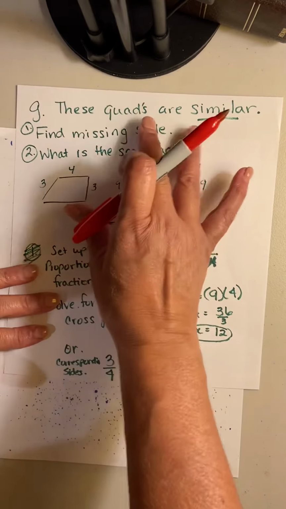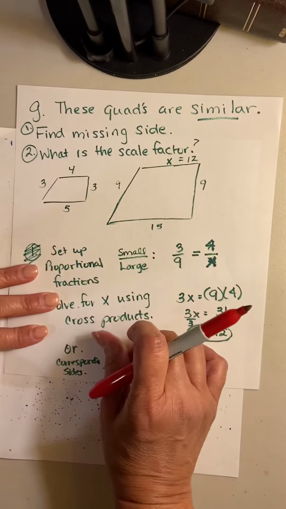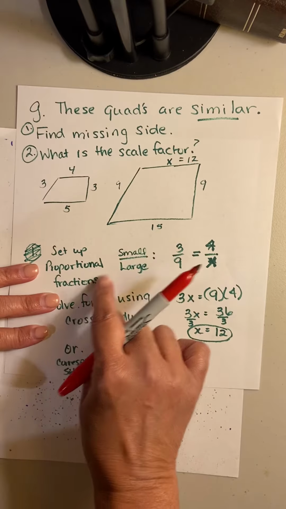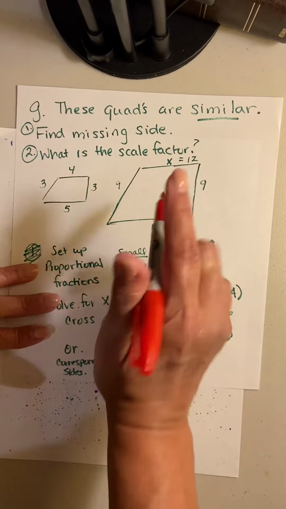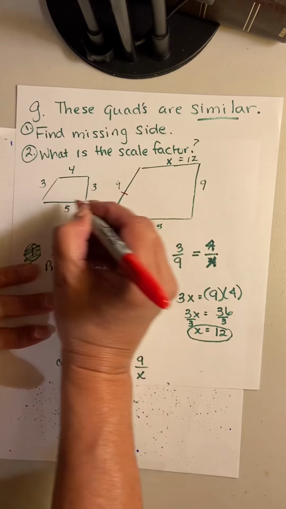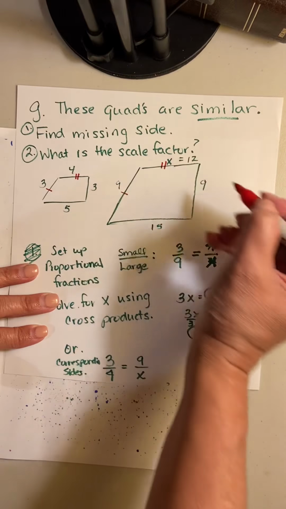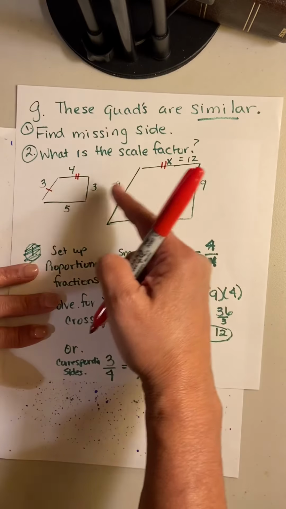So because of that, I can find a missing side. I went ahead and set up a proportional fraction with my small and my large. I said that this side corresponds with this side. I used those two sides. I've got two more.